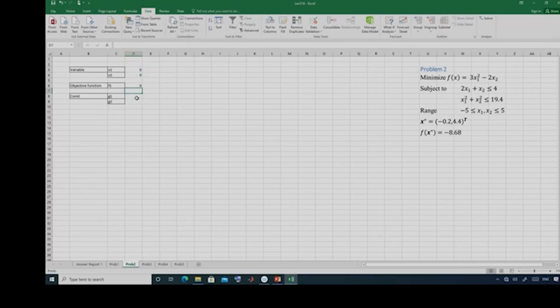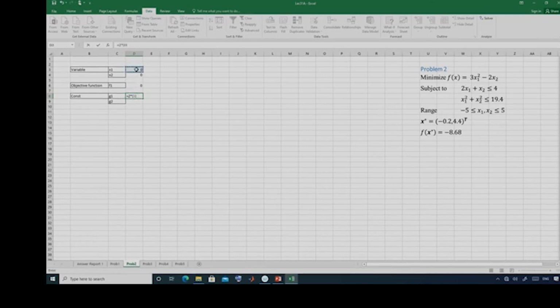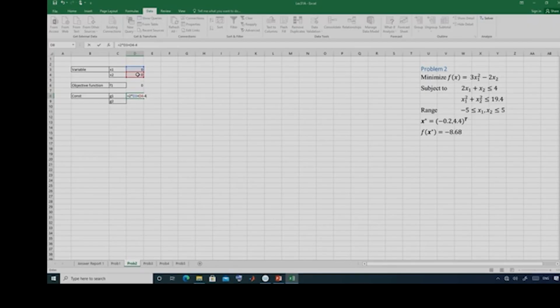Okay. Then you define the constraints. The first one is 2 star x1 plus x2 minus 4. If I write minus 4, that means less than or equal to 0. Okay.